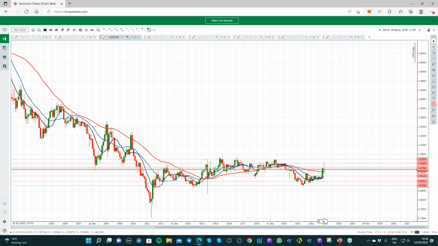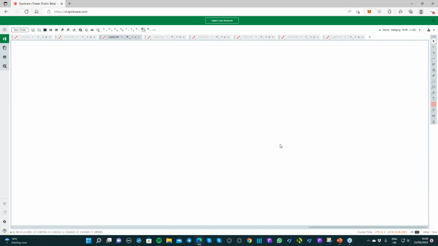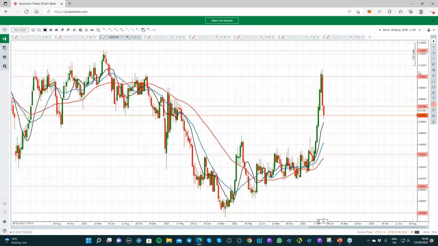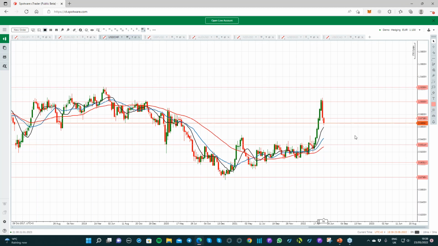And I noticed that price has recently, this month, just bounced from this strong horizontal level of resistance. So then going down to the weekly time frame, I noticed that actually dollar Swiss has been in an uptrend. It's broken through this horizontal level most recently, raced off to the upside.